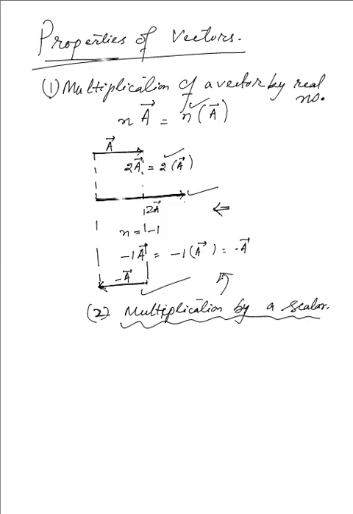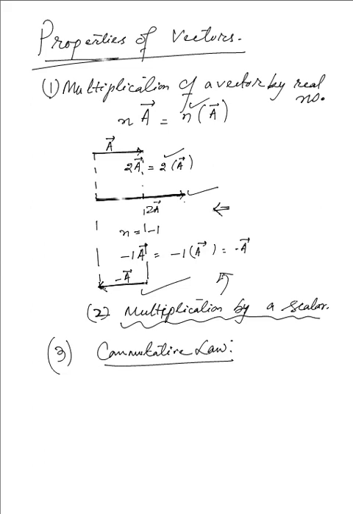Now the third property that I can consider is the vector addition obeying the commutative law. The commutative law says that the resultant vector remains the same in whatever order we add those two vectors.